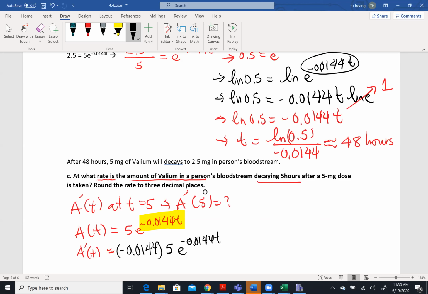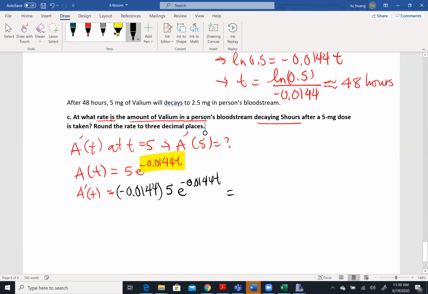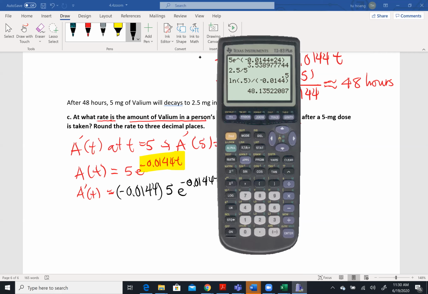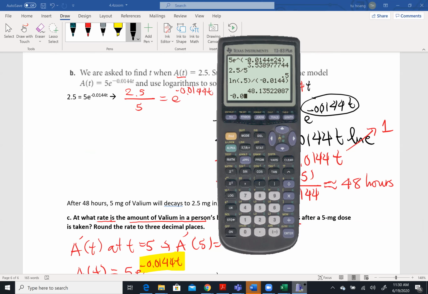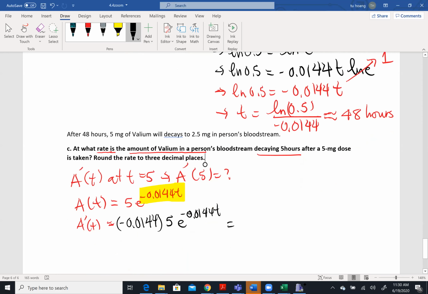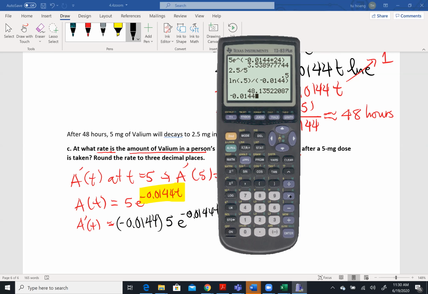If you want to combine it, you're going to have negative 0.0144 multiplied with 5. Actually, I don't need the extra step.